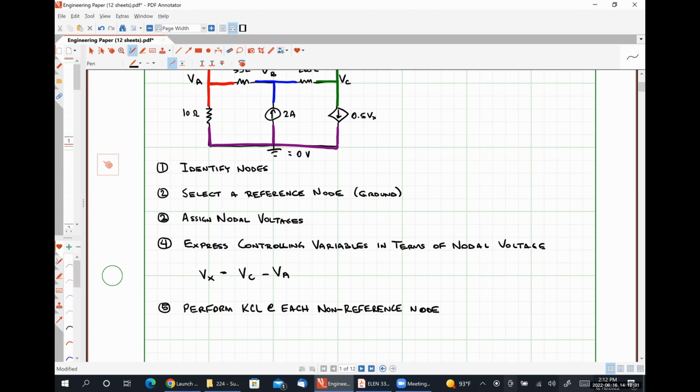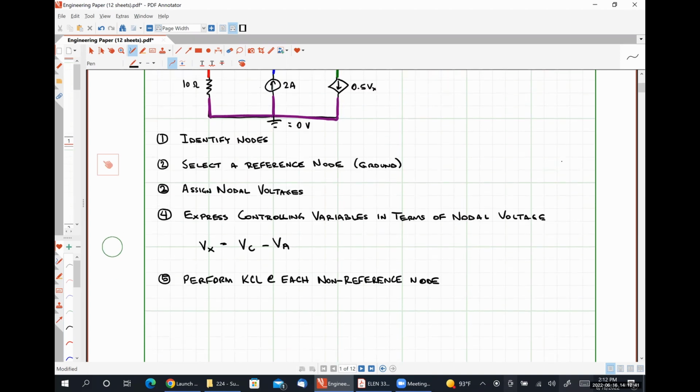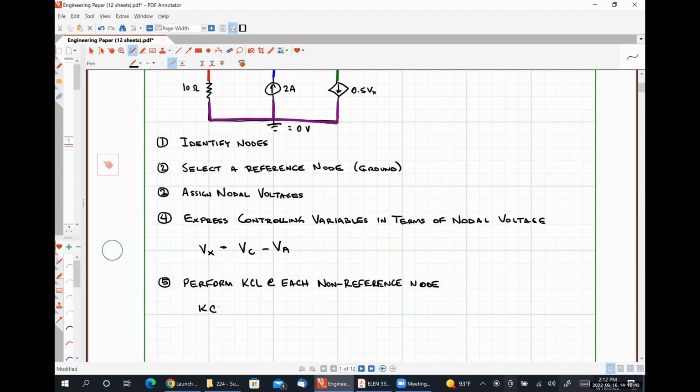So our circuit contains three non-reference nodes, node A, node B, and node C. And we are going to perform KCL at each of these nodes. So I'm just going to write here, KCL at node A.